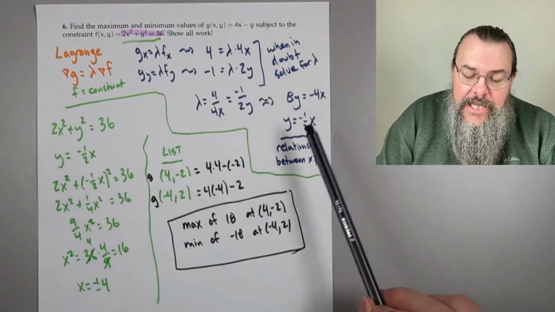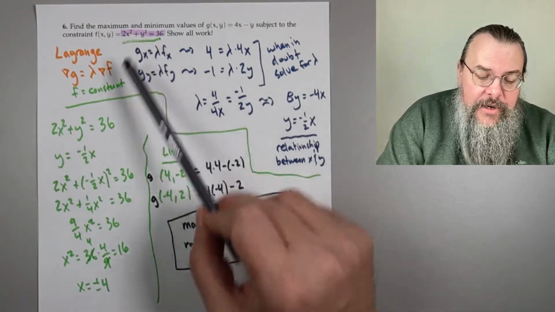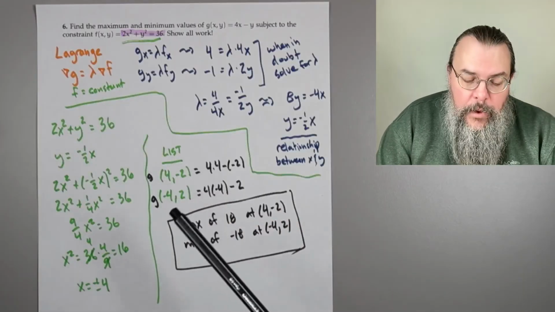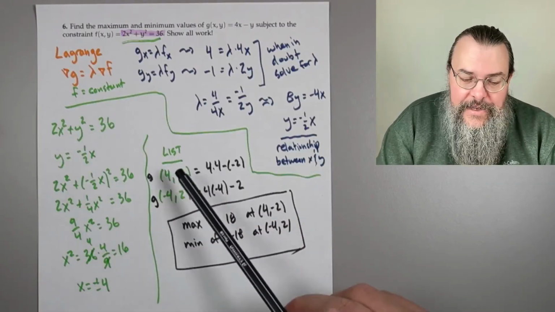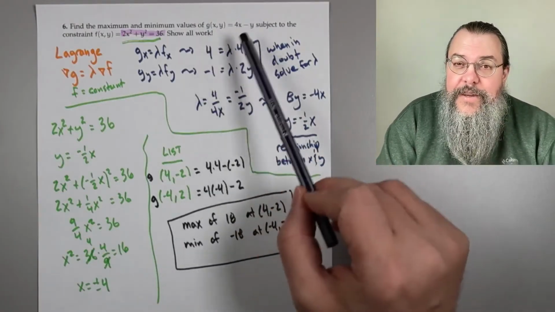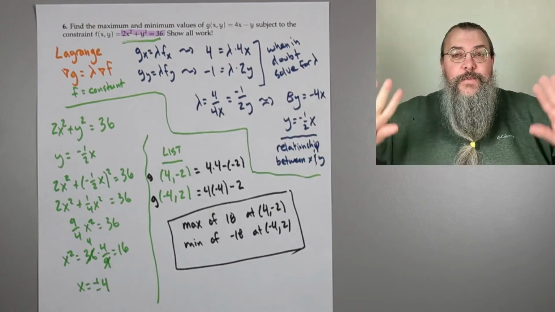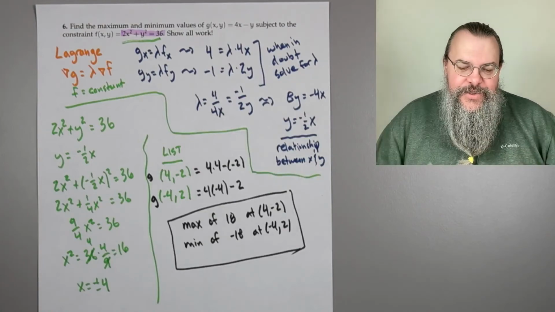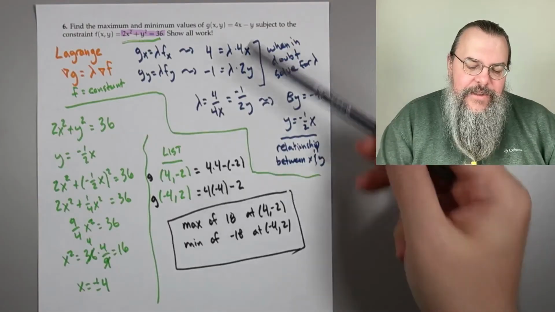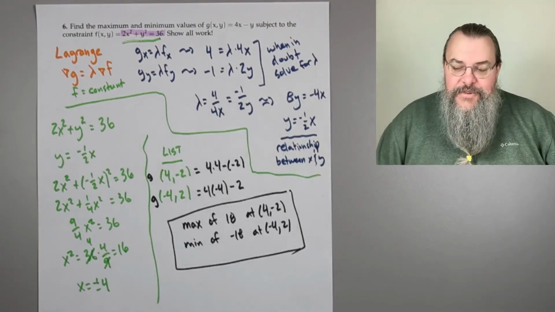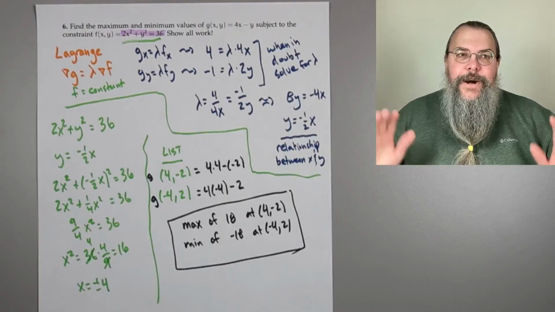We combine this relationship with our constraint to solve for our points. The points we're interested in are on the list, and we plug all these points on the list into what we're trying to optimize. And we'll just go off good faith that they gave us a problem where this is true, that the largest value is the max and the smallest value is the min. That's our procedure. Good.